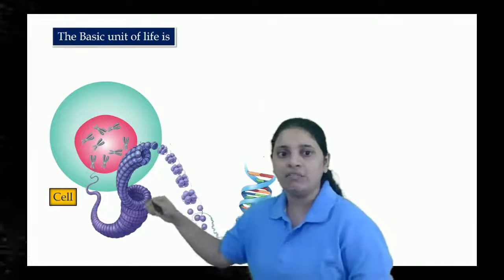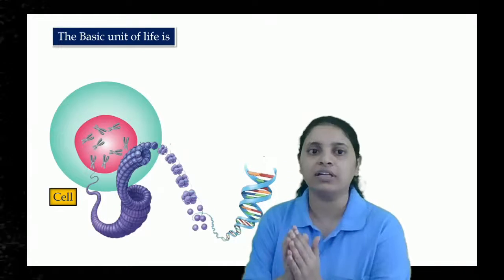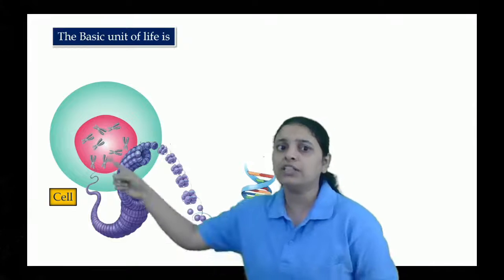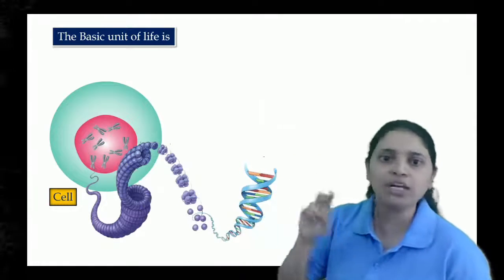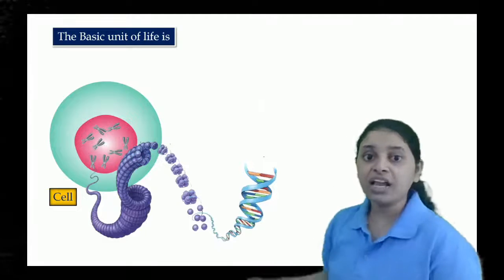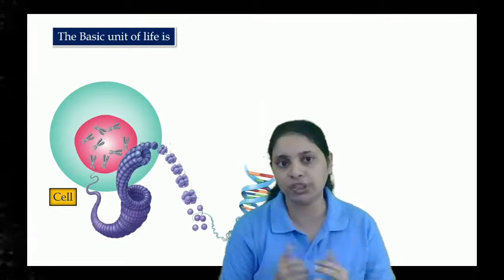We coil it, we again coil it, super coil it, condense it to finally give it the shape of well-defined chromosomes. So ultimately, the chromosomes are made up of two main components. We have DNA and we have proteins. ये जो DNA है, it has the genetic information, right?